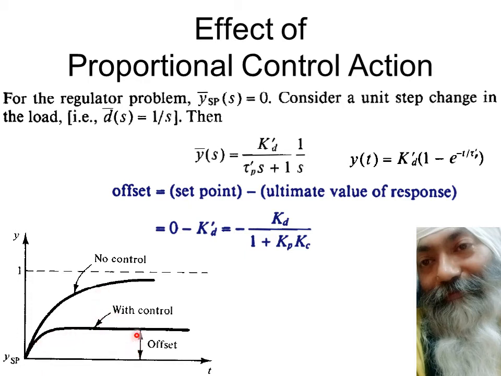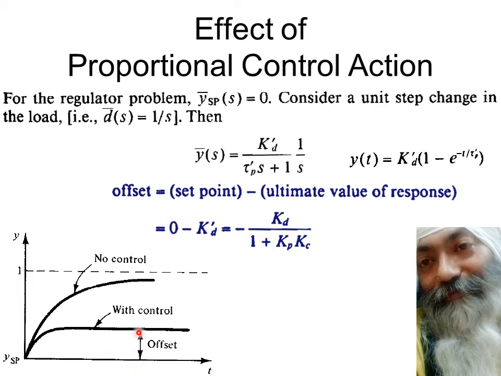There will be this offset, but this offset will be lesser. In the absence of Kc, this offset would have been Kd. Now it is Kd upon something, which means lesser. It's contained, but this offset is not 0. We want it back to 0 because there is no change in set point, but it is not 0.